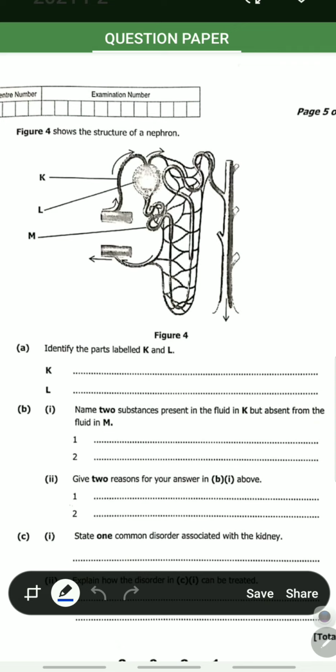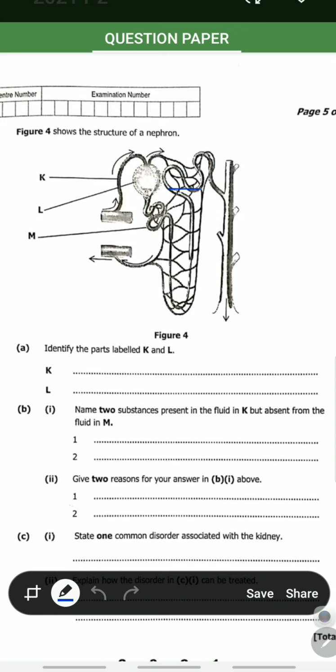This artery is the renal artery, and the one shown by the arrow where the substances are leaving is the renal vein. So these are connecting to the nephron.